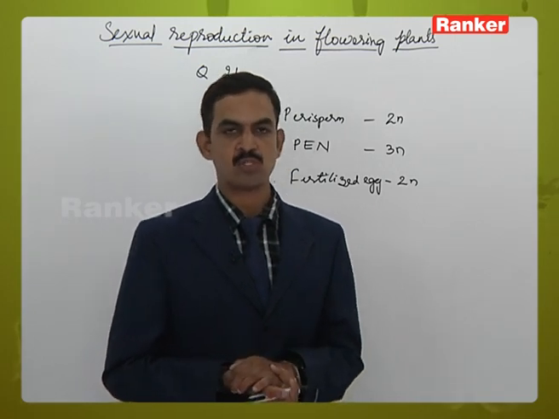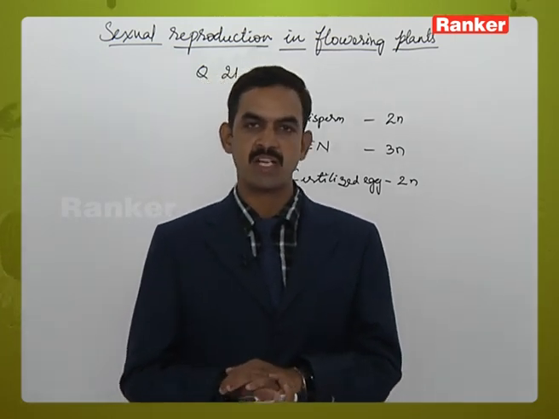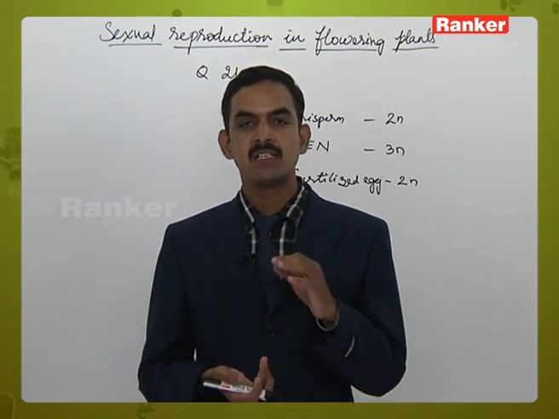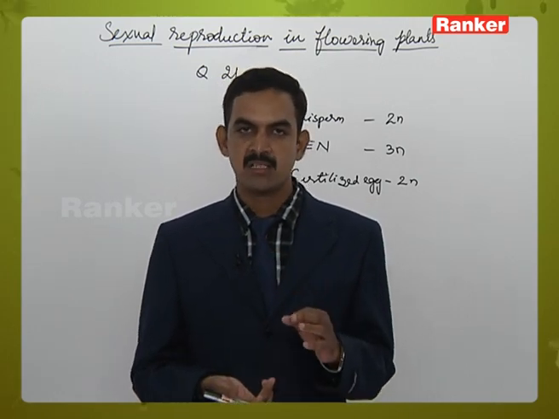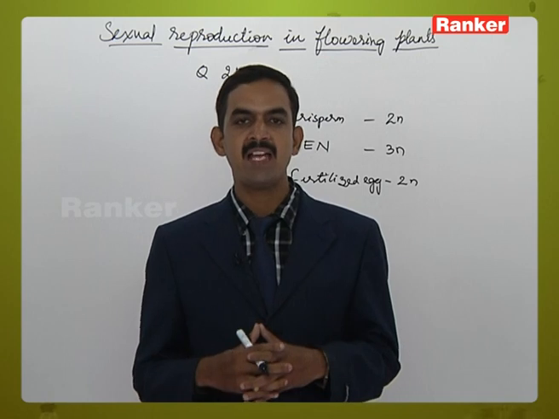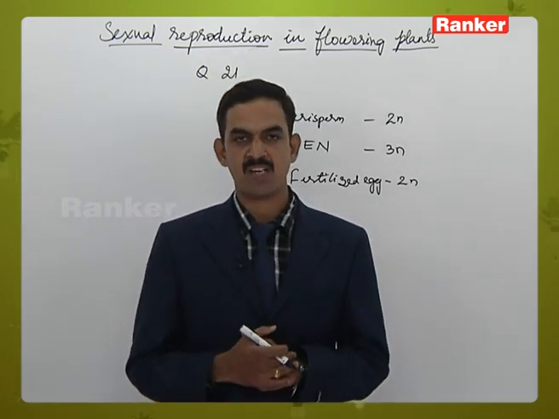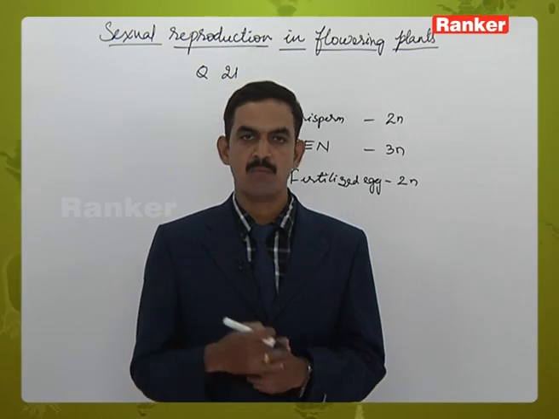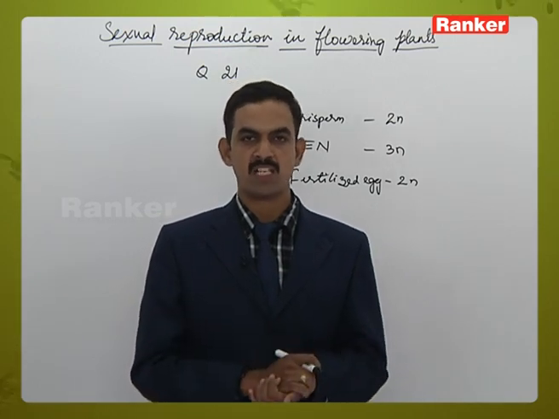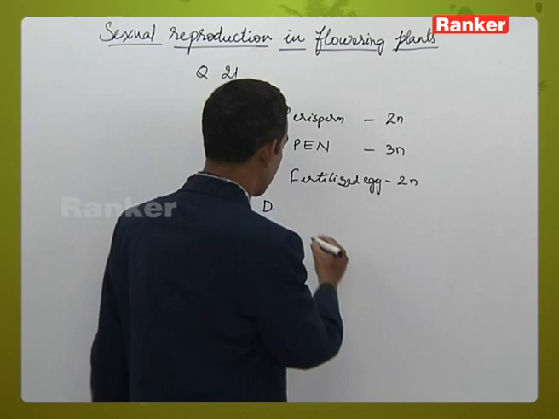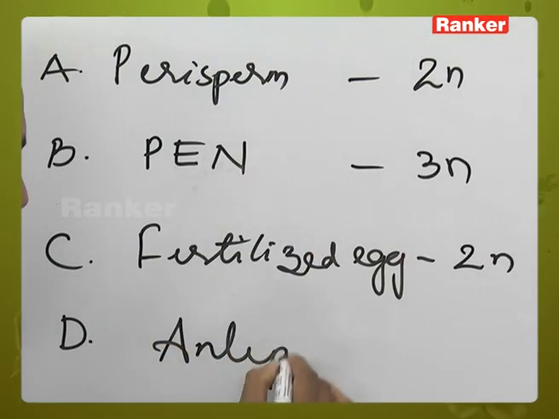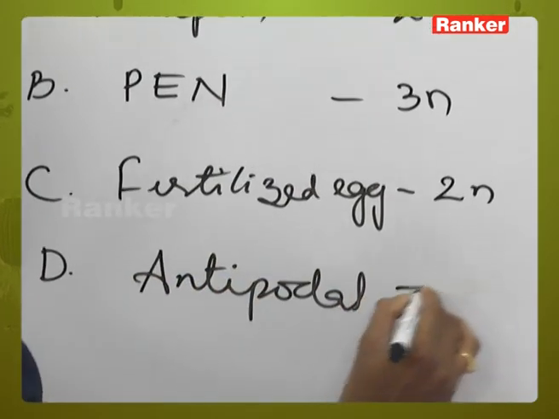And each antipodal cell in that group of 3 cells will be haploid. They are haploid because they are formed as a result of meiotic division of the megaspore mother cell. So antipodals are haploid.